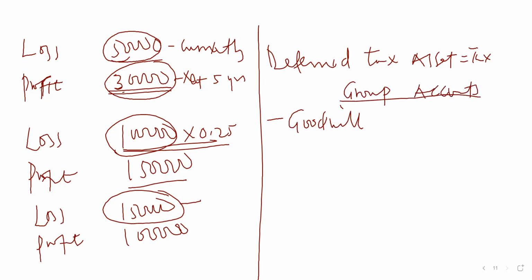The issue of goodwill. When the parent acquires a subsidiary, what will happen? The consideration that the parent is paying is higher than the value of the asset that they are acquiring in the subsidiary. The difference, which is the intangible item which the parent is paying for but we cannot see, is technically termed goodwill. If there is goodwill, what will happen to the asset of the subsidiary?